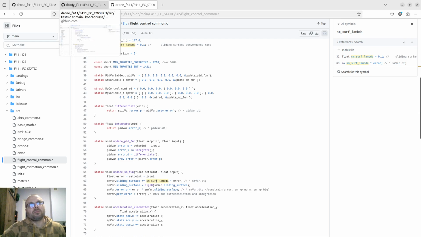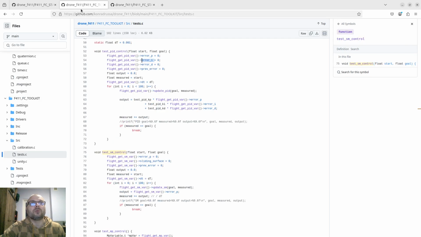Probably that will be checked, but the main goal is filtering with Kalman to have appropriate position, velocity, and acceleration measures. Then the second part will be PID control, and after that sliding mode.